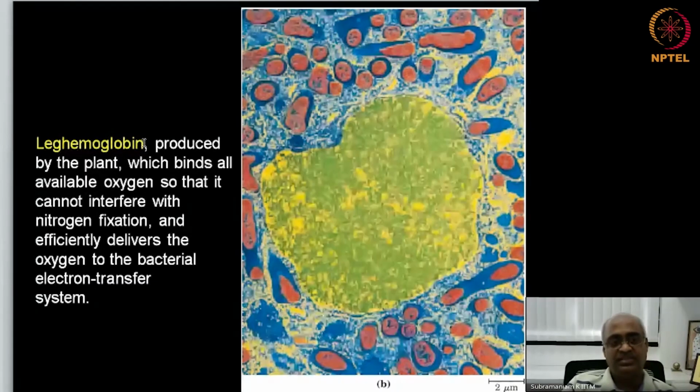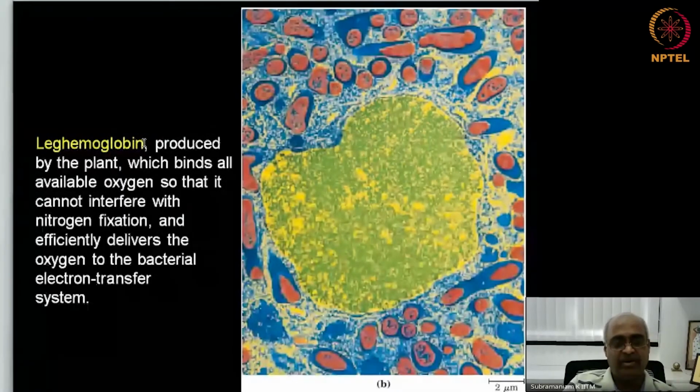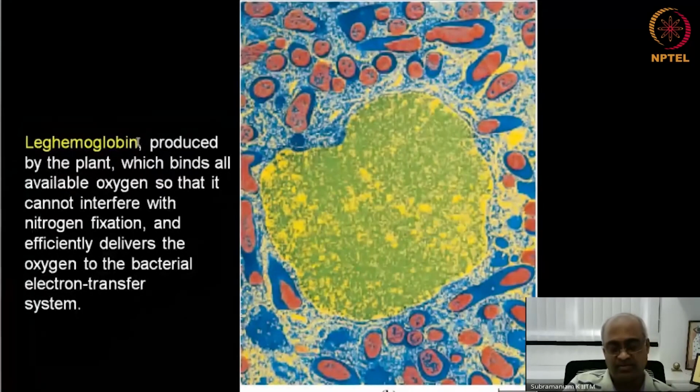This is a hemoglobin kind of molecule, except that instead of iron, it contains a magnesium, and this one present in the cytoplasm, which bags this bacteria, takes up all the oxygen in the cytoplasm, and tightly binds oxygen.